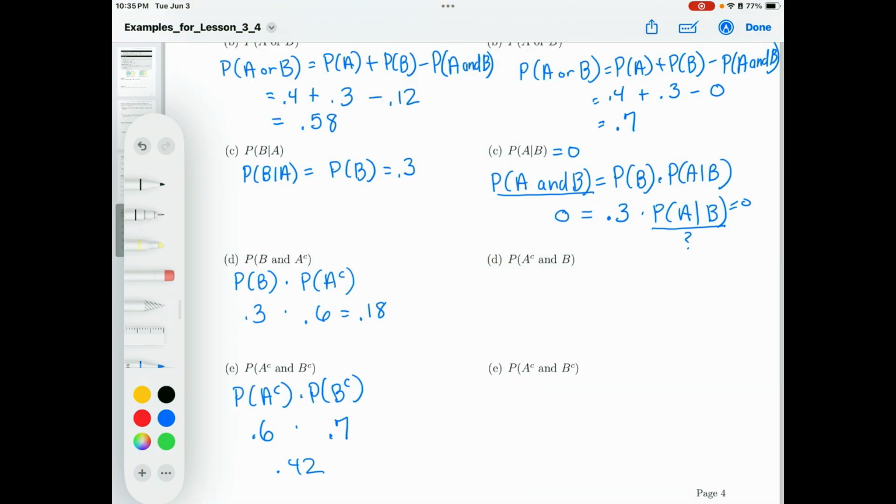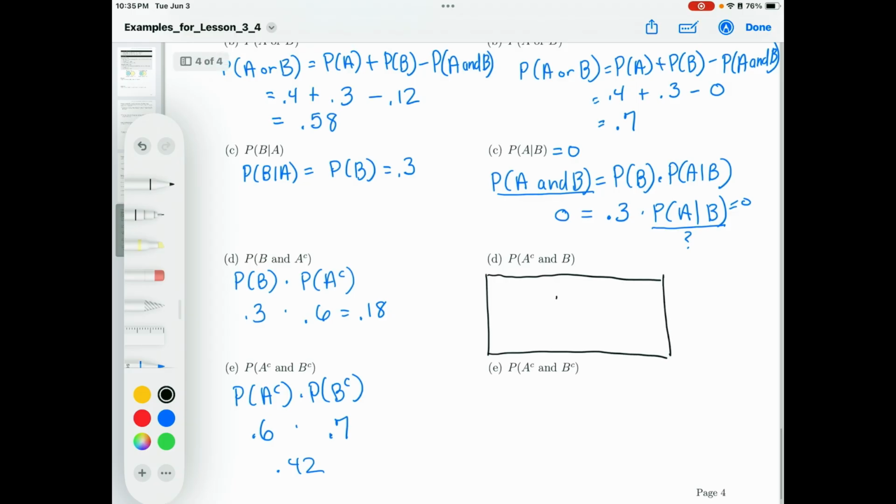Looking at part D, I'm going to show you how you can find this probability by using a Venn diagram. Now, because we know that A and B are mutually exclusive events, they don't overlap, they have nothing in common. So circle A is going to be completely separate than circle B. I want to find the probability of A complement, meaning not A, and B happening together at the same time.